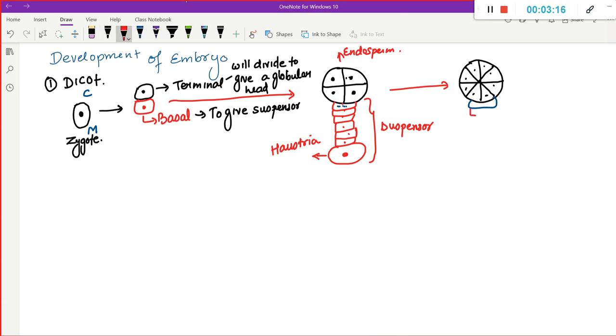We'll talk about this cell. Below this we will find other cells which are normal, just like the first one. And below this, let us have the suspensor here, the haustorial cell here. So this cell which we have drawn in blue color is basically known as hypophysis.